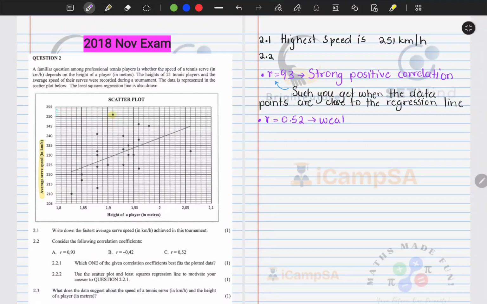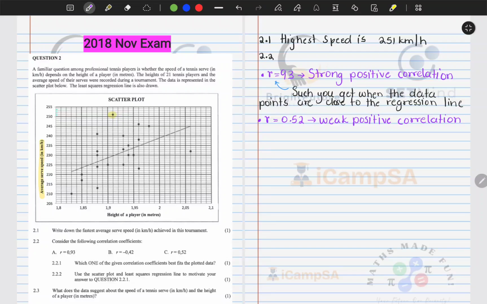So this is weak, but look at the R, it's positive. So it's a weak positive correlation.